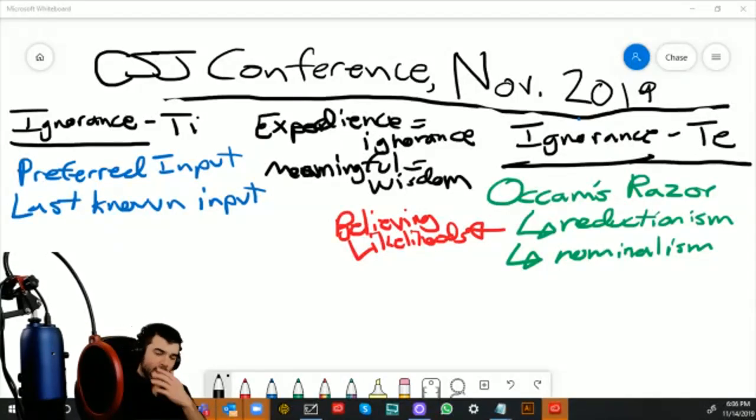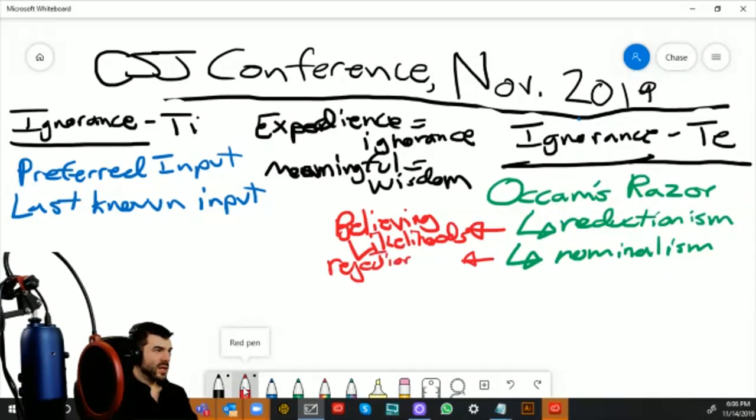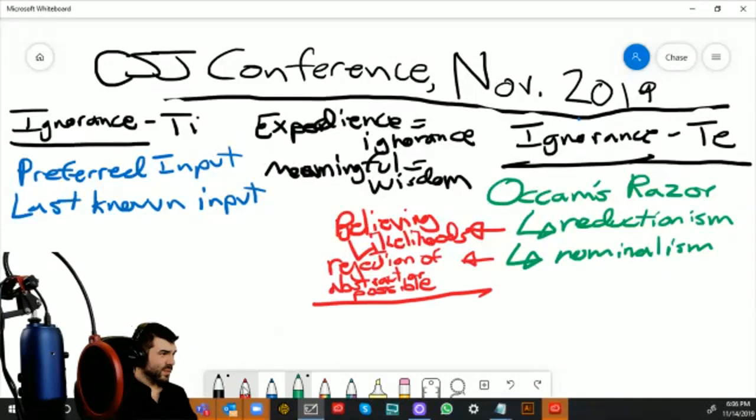So basically, nominalism is rejection of abstractions and possibilities, okay? Rejection of the abstract or what's possible. Let's look at the other logical side in terms of what that means.